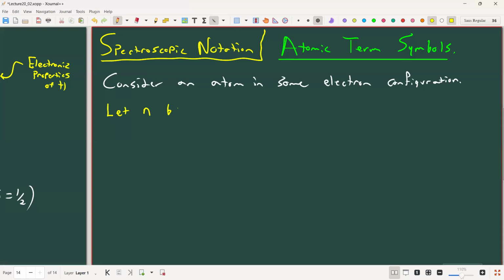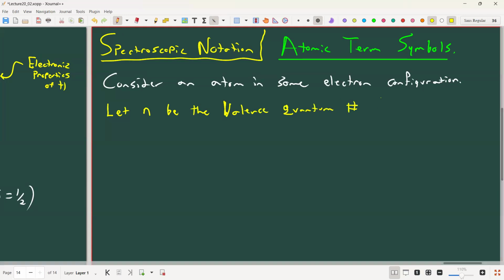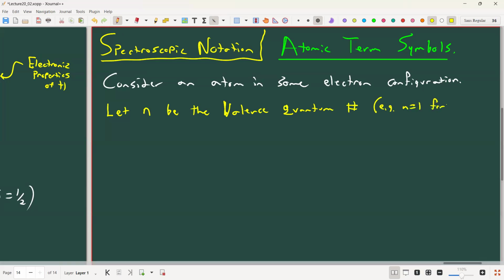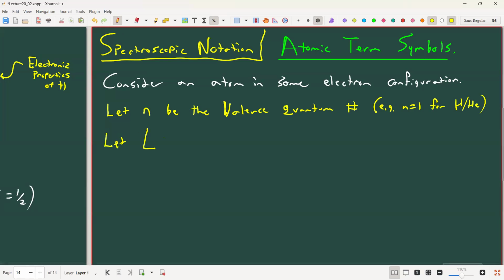Let n be the highest value, the valence quantum number. For example, n equals 1 for hydrogen or helium. And let L, big L, be the sum over all the electrons of their angular momenta.